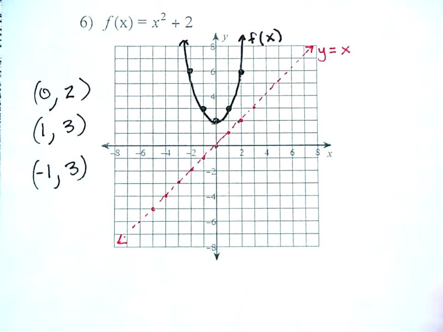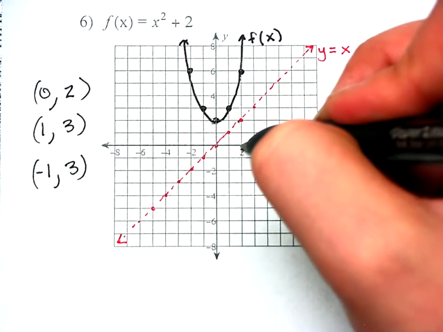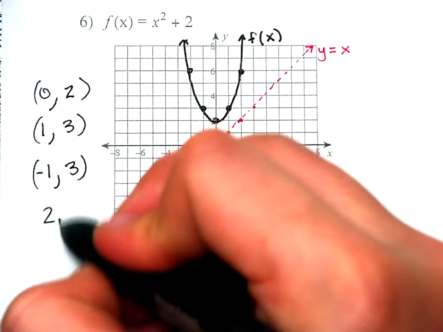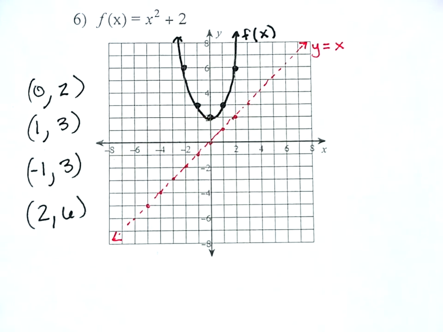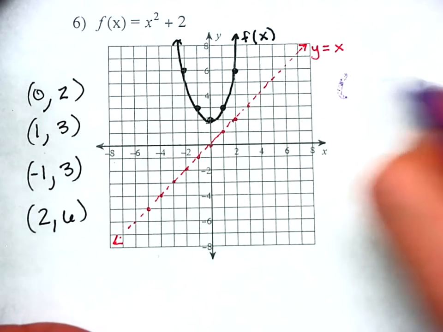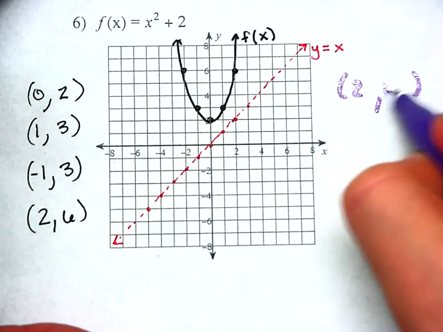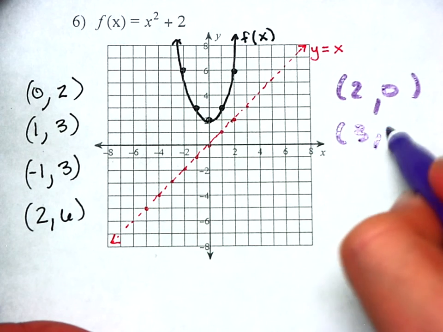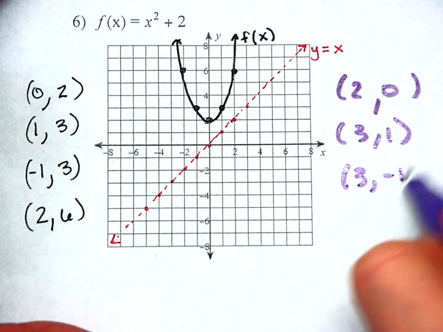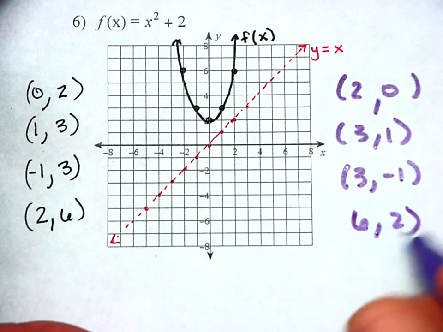And let's do one more actually. Let's do 2, 6. Okay, so our new points, remember switching the x and y values, so now I've got 2, 0, 3, 1, 3, -1, and 6, 2.